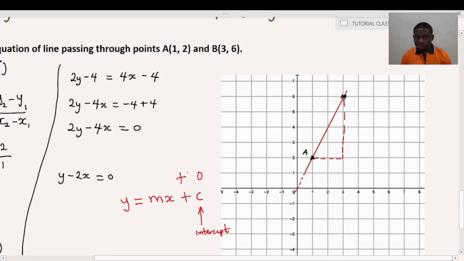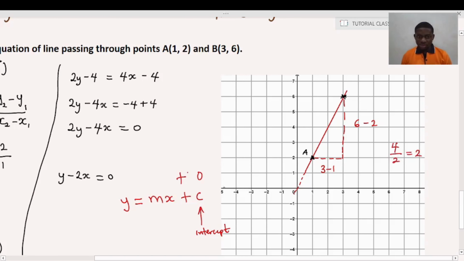So from 2 to 6, the difference, that's 6 minus 2, is the change in y. For the change in x, we have 3 minus 1. So the change in y is 4 and the change in x is 2. When we do this, this will give us 2.